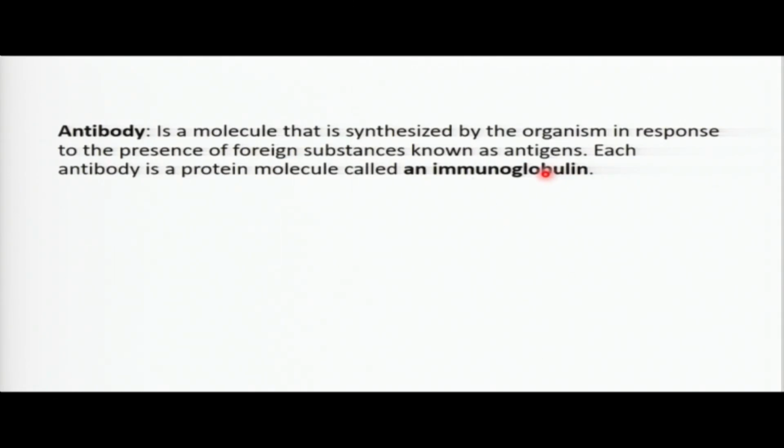They are going to be produced once there is presence of this foreign material known as antigens. Those antigens can be found on the surface of pathogens. So this is antibody.